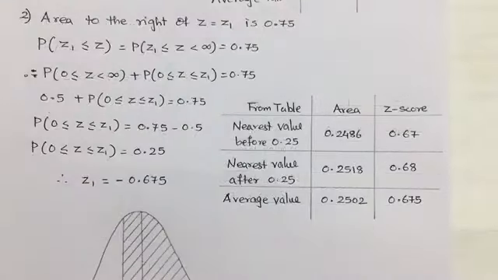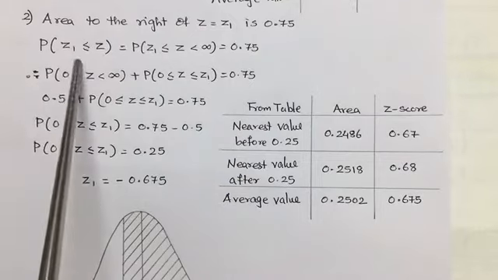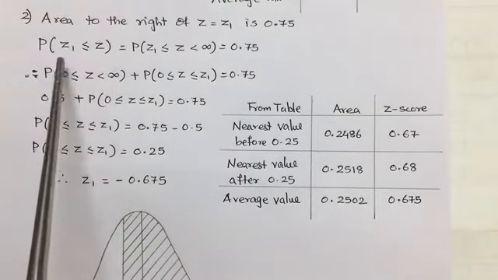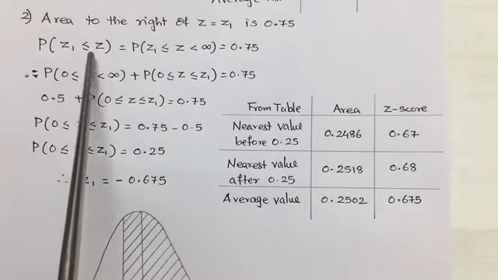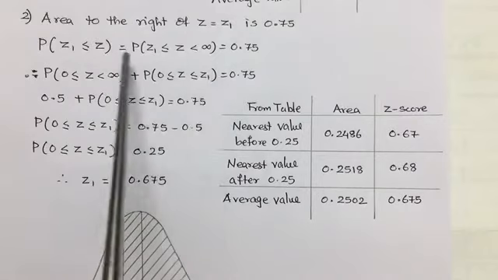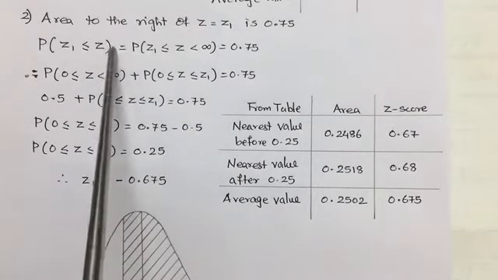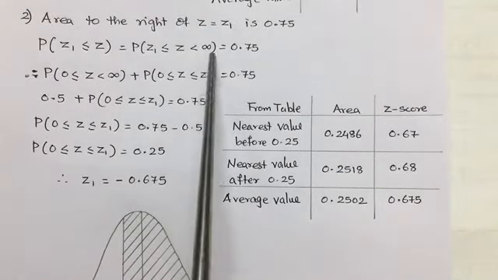Second part of question number 8 is, area to the right of Z equal to Z1 is 0.75. Now the area is towards the right, so we have to write Z1 less than or equal to Z. The right side limit is missing, so we add infinity there.